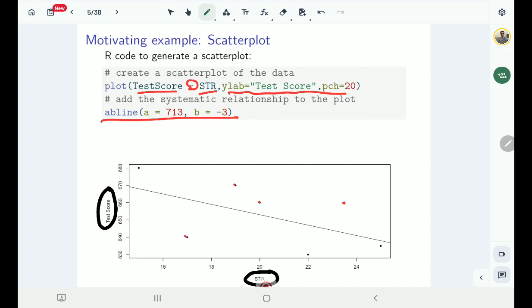Okay, and what we see here is that the relationship actually is not perfectly linear, because the data points are not actually located on this perfect line. So something is wrong. Our hypothetical linear relationship does not really hold. Okay, so what is going on here?